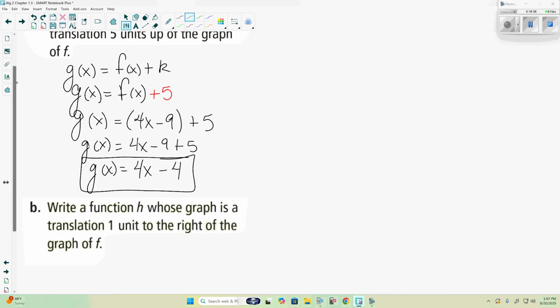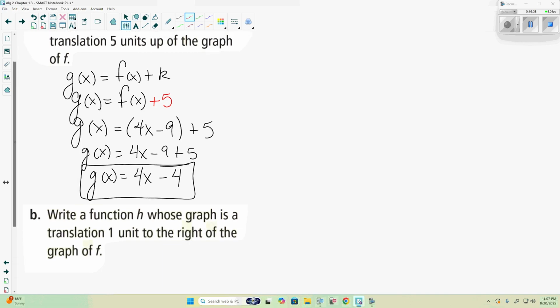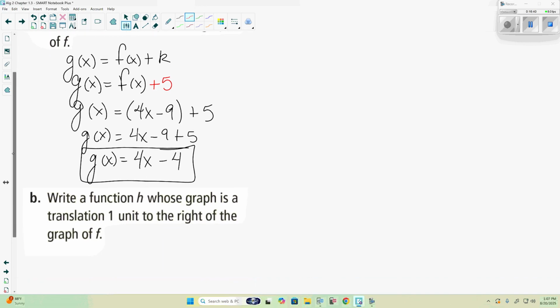Now, you don't have to erase anything. I just want to mess with this number a bit. What if I said I wanted to move it up 9 instead? Well, I would replace k with 9. We'd get 4x minus 9 plus 9. 4x minus 9 plus 9 would be what? 0.